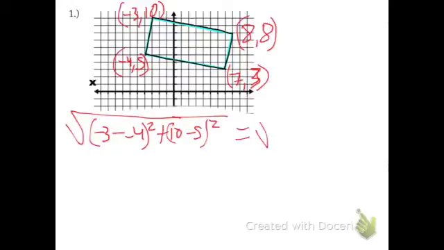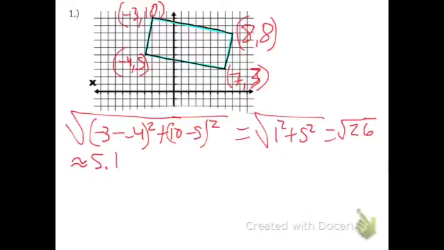You're looking at 1 squared plus 5 squared. 1 squared is 1, 5 squared is 25. Added together you get 26, and that is approximately 5.1.